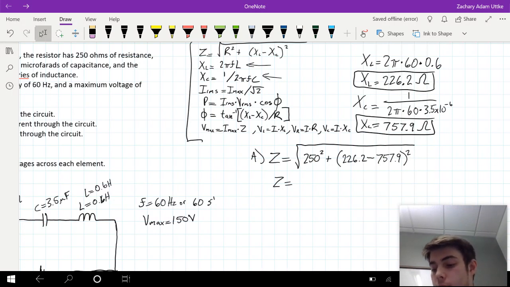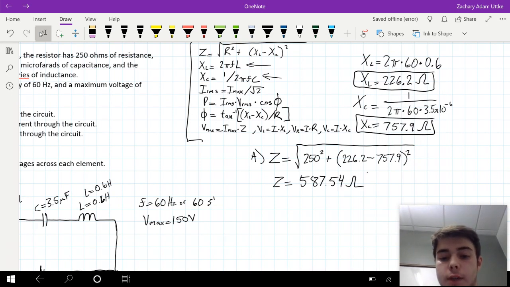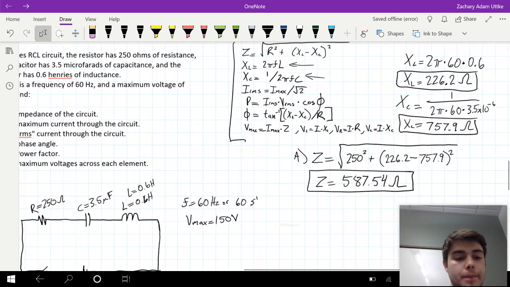And if we take the square root of that, we finally get that Z equals 587.54 ohms. So again, this is measured in ohms, the impedance. Okay, so that answers part A. We've got that out of the way.